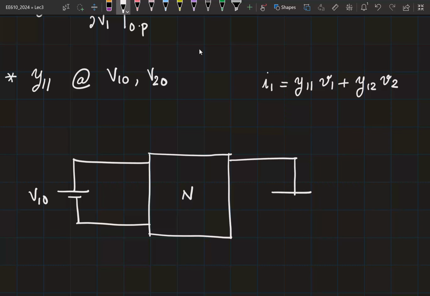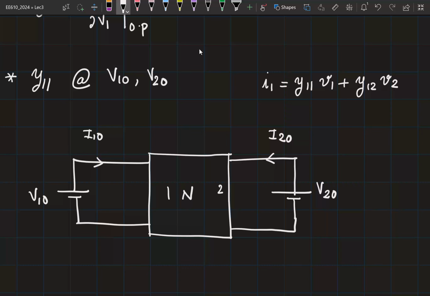On the output side, I will connect V20. Right? Once I make this connection, I will have some I10 flowing through this, and some bias current flowing into the second port, which I'll call I20. So these are now my operating points or the quiescent voltages and currents.